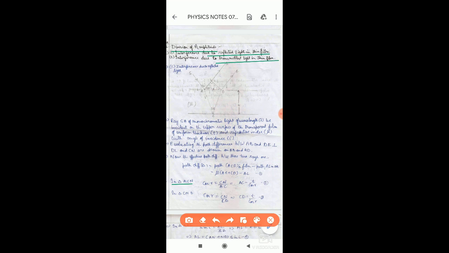Similarly in right angle triangle CND, cos R equals CN upon CD, so CD equals T upon cos R, equation number 3.